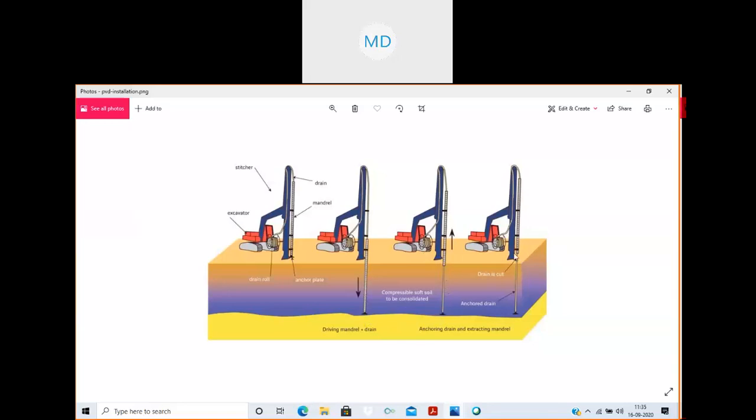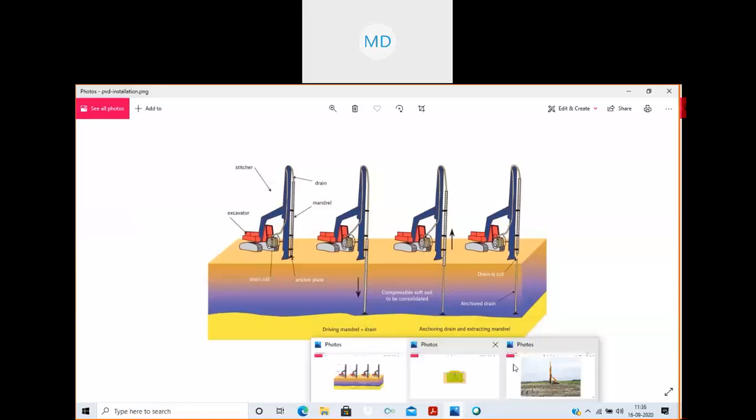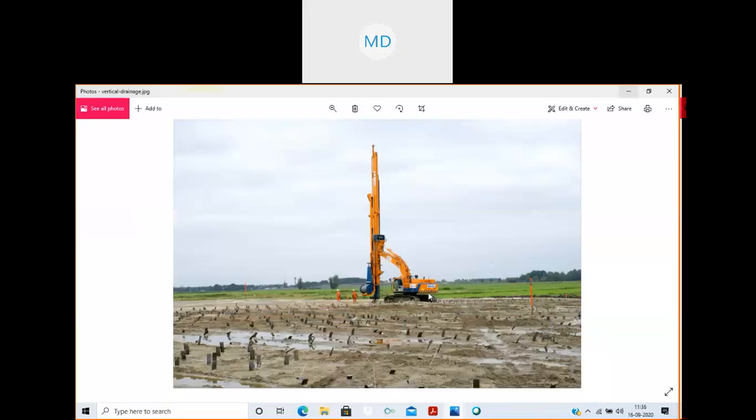So in this way, at the required depth, depending on the design, up to what spacing the drains are to be provided, the process is repeated and various drains are inserted inside the ground. After insertion you can see this image.